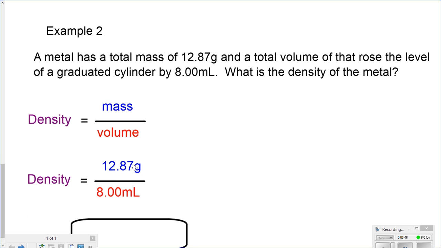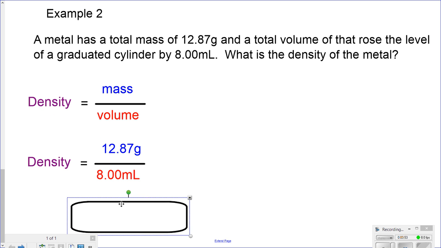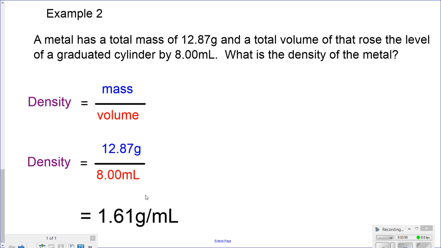Density equals the mass, 12.87 grams, divided by 8 milliliters. When I place that into the calculator, I end up with 1.61 grams per milliliter. I cannot cancel grams over milliliters, so my answer is in grams per milliliter. This is the density of the object placed in the water.